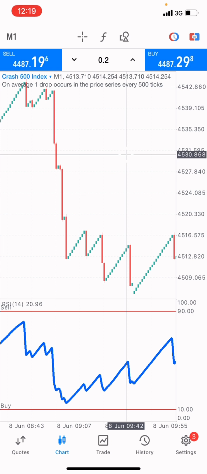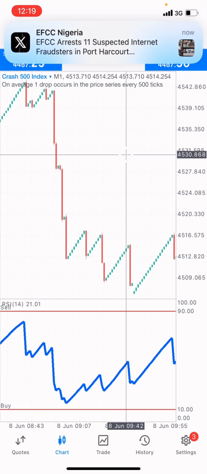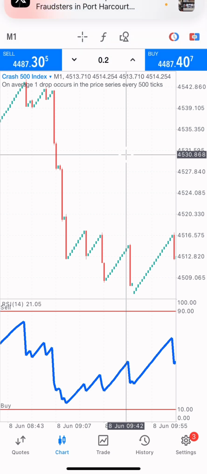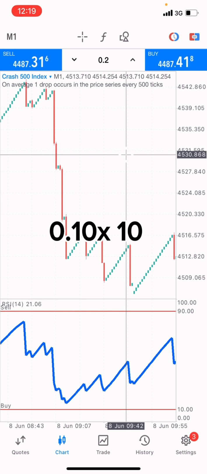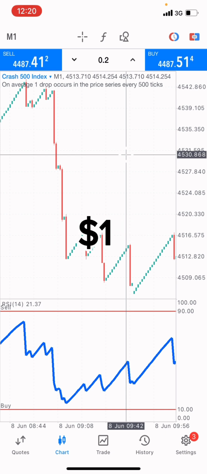You accumulate all the profits together, and it gives you a good figure for profit, right? Now let's say each candle gives you 0.10, which is 10 cents. Now just calculate that 10 cents times 10. It's going to be $1, right? 10 cents times 10 is going to be $1.